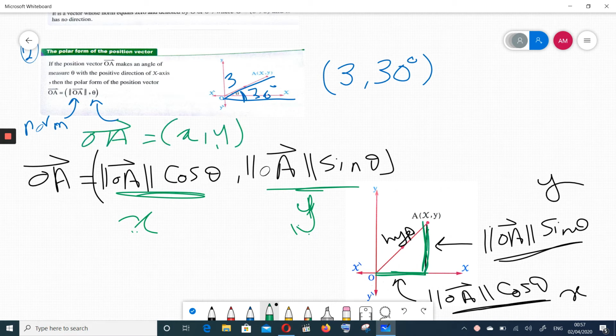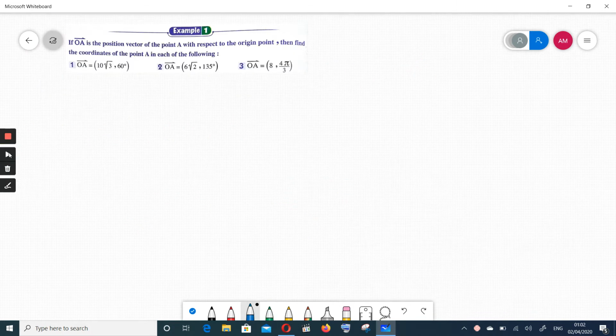And now let's have an example to see how you can change from the polar form to the position form or vice versa. Okay, let's go. I give you the number and angle, so this is the polar form. And now we need to change it by using the points. The vector OA is going to be by using x and y.